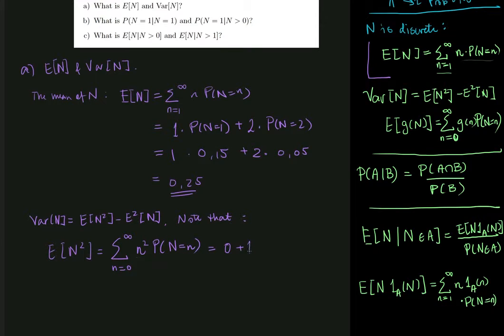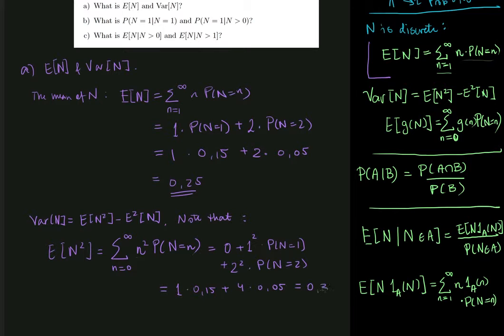The second term is 1 squared multiplied by the probability that n is equal to 1. And then we have 2 squared multiplied by the probability that n is equal to 2. And that is equal to 1 multiplied by 0.15 plus 4 multiplied by 0.05.